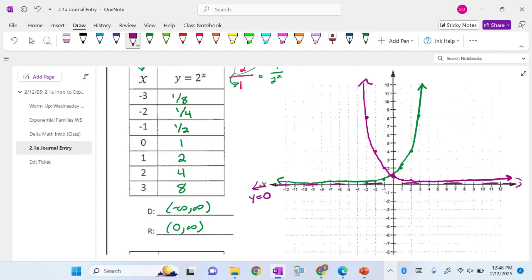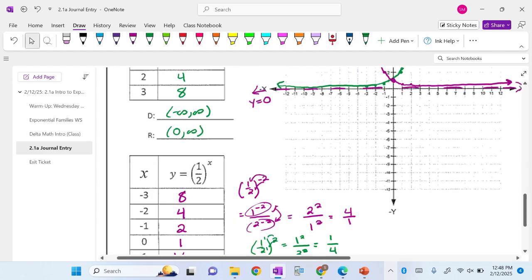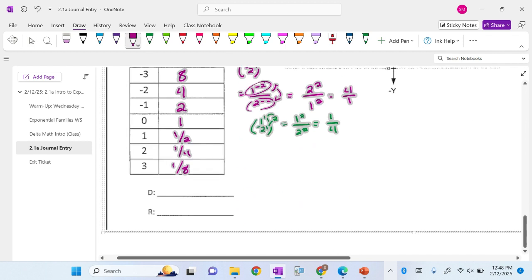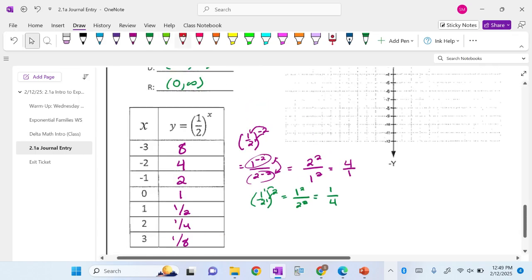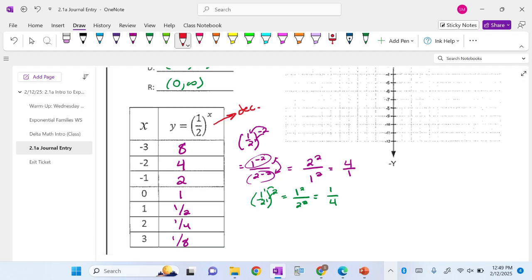Now, this graph still has a horizontal asymptote of y equals 0. The domain and range are still exactly the same. It's still negative infinity to positive infinity, and 0 to infinity. The only difference is that this graph decreases because it has that b value between 0 and 1.